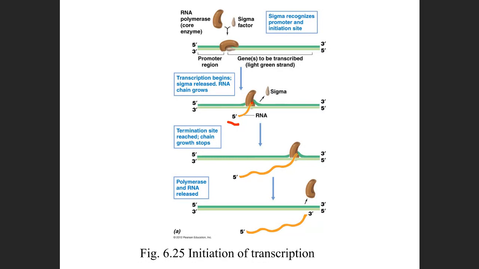So transcription produces mRNA, and we need to know who starts it, who the actor is. RNA polymerase does the transcription. Where it starts is determined by the sigma factor. The two of them together start the transcription. Once the transcription starts, the sigma factor leaves and is no longer needed, because its only job is to determine where to start the transcription.